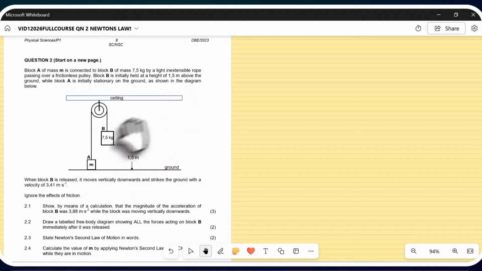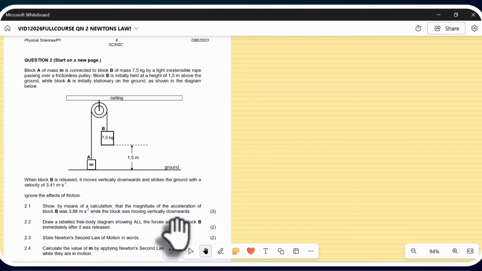When block B is released, it moves vertically downwards and strikes the ground with a velocity of 3.41 meters per second. Ignore the effects of air friction, then show by means of calculation that the magnitude of the acceleration of block B was 3.88 meters per second squared while the block was moving vertically downwards.